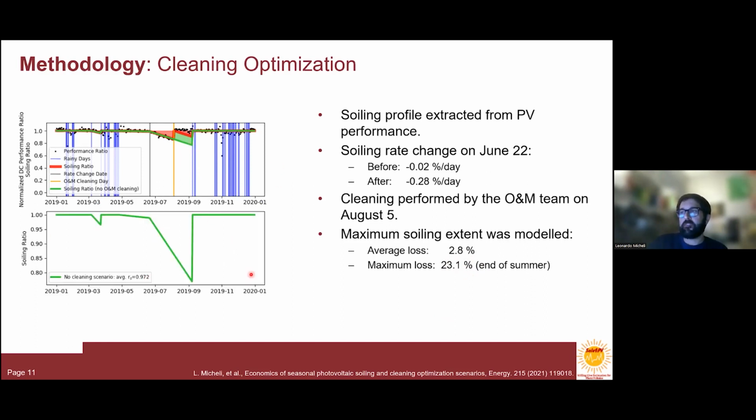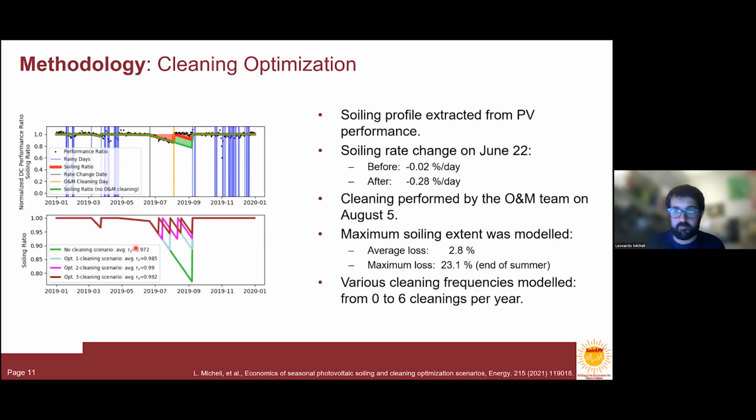Now, we have this soiling profile. This is the same soiling profile you see here in green, just with a different scale. And what we did, we ran different cleaning schedules. So we modeled the effect of 1, 2, 3, up to 6 cleanings per year on that same soiling profile. And this is what you see in this lower graph.